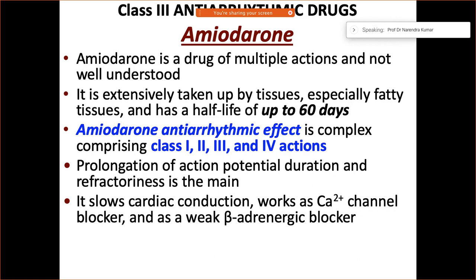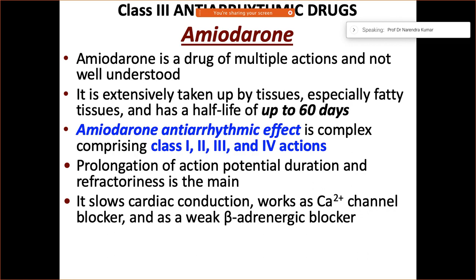Similarly, for stable VT, we are all aware you have to give initially 150 mg IV, then repeat over 10 minutes. Otherwise, you can give an infusion over 6 hours at a rate of 1 mg per minute. And the maintenance infusion is 540 milligrams over 18 hours, that is 0.5 mg per minute.